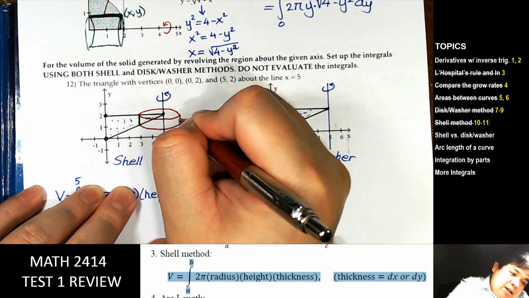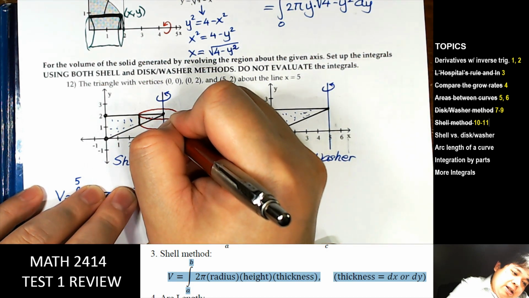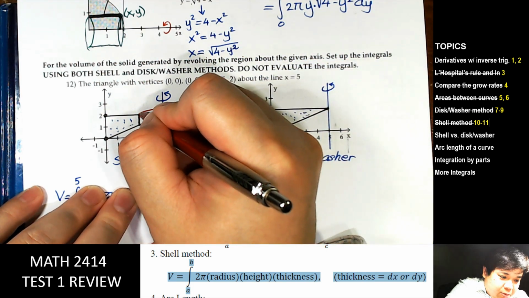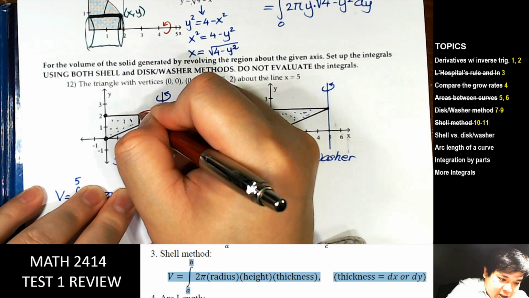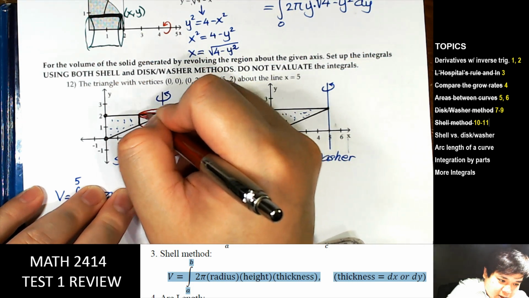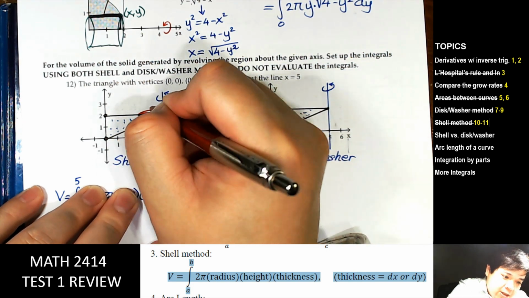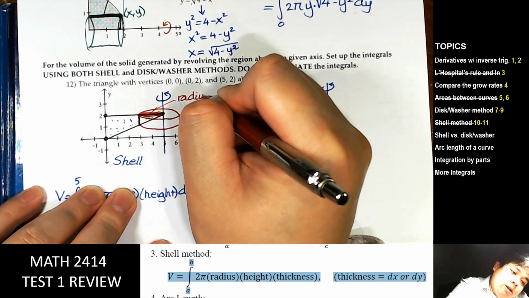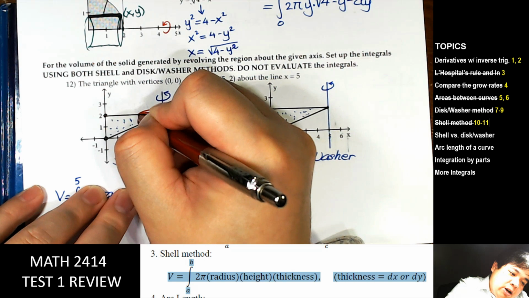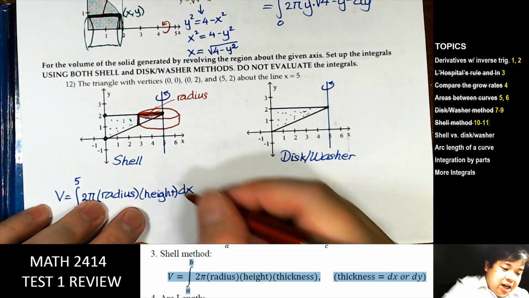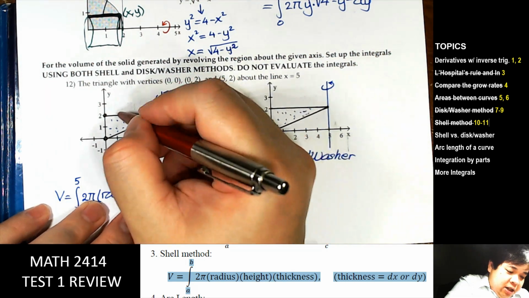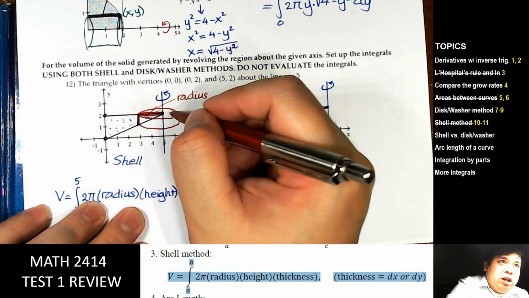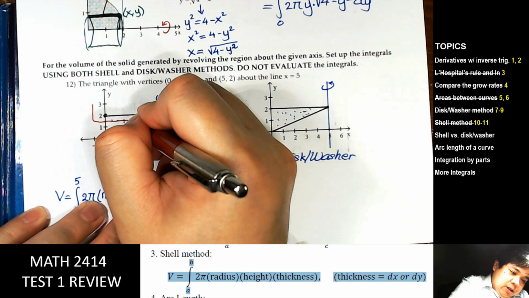This is going to be the radius, and this is going to be the height. We can see that the height is just the line here, this diagonal line.